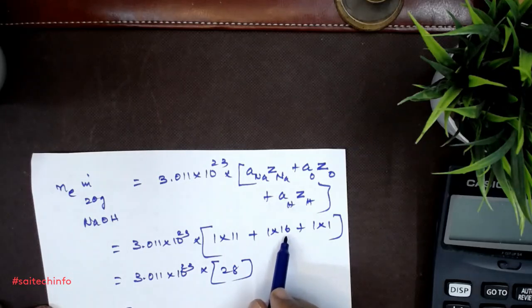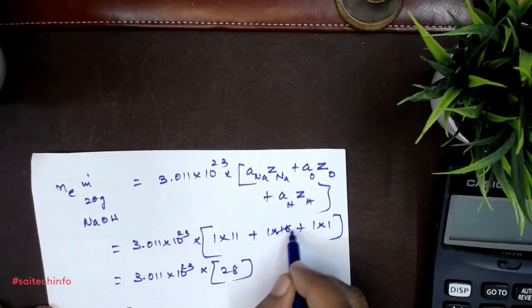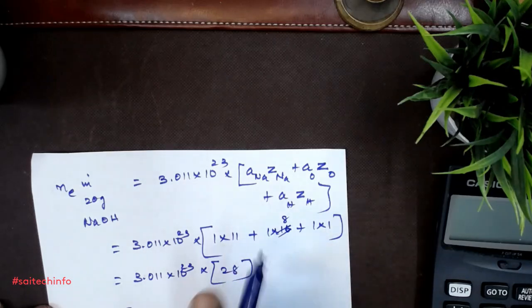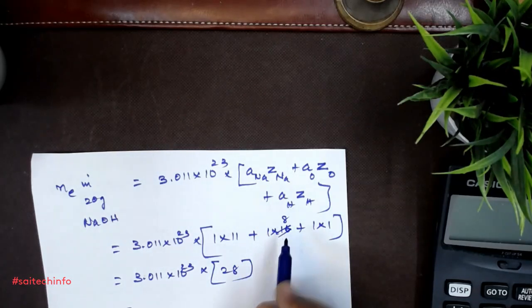Sorry, oxygen is 8 only. Atomic weight is 16, atomic number is 8.